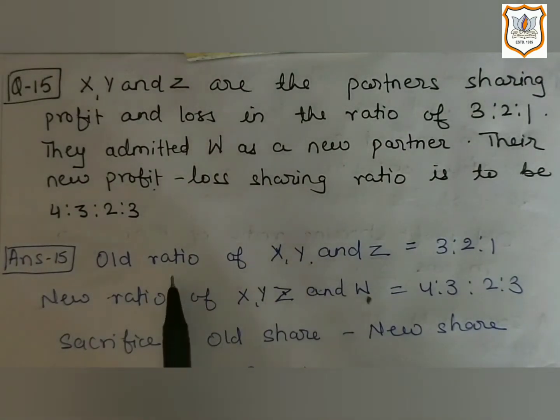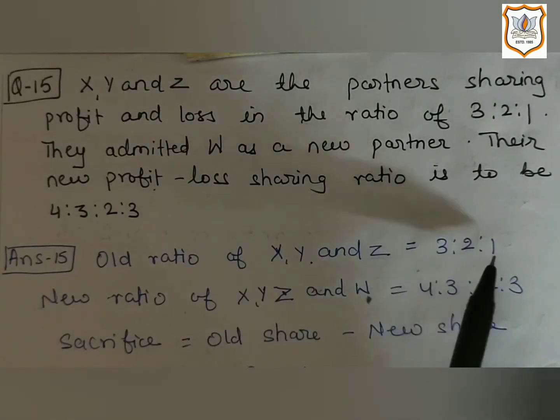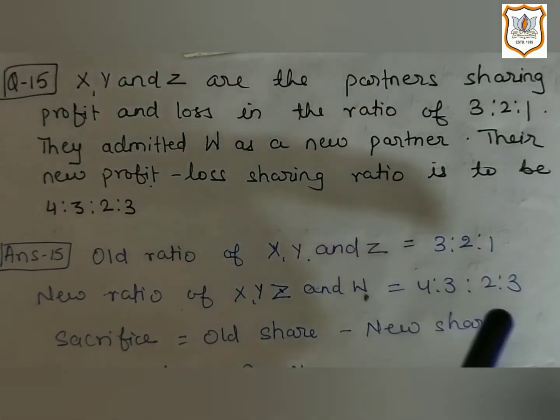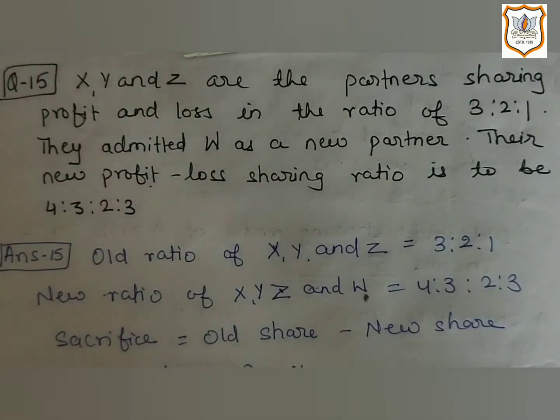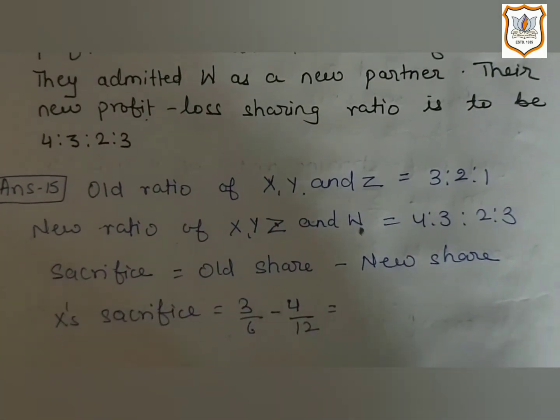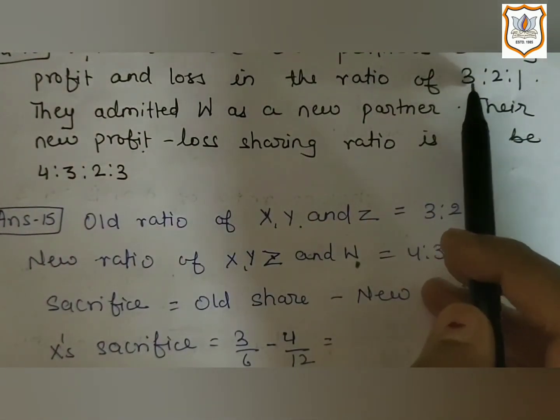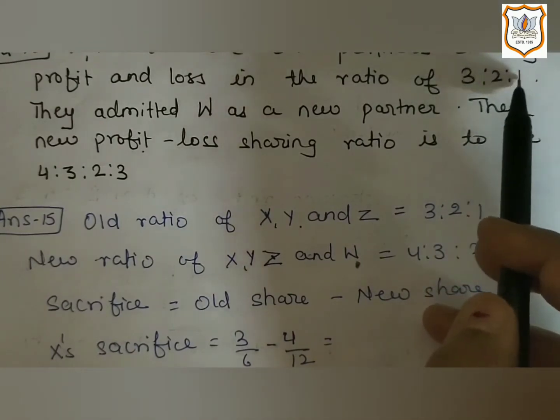So here the old ratio of old partners is given, that is 3:2:1. Then the new ratio of partners is given, that is 4:3:2:3. So by applying the formula of sacrifice, we will find the sacrifice ratio of old partners. Sacrifice is equal to old share minus new share. So here the old share of X is 3/6 as it is given in the question. X's ratio is 3 and 3 plus 2 plus 1, that is 6.